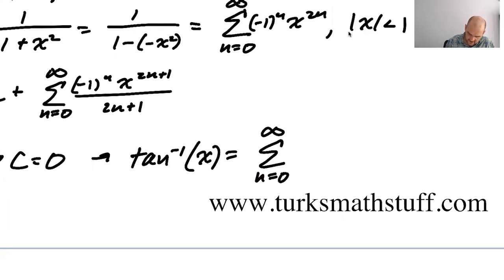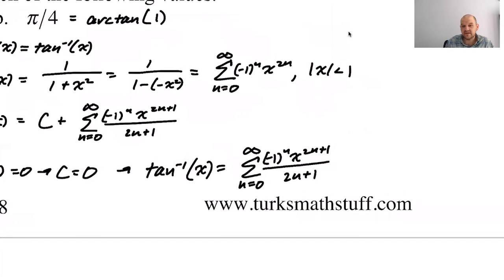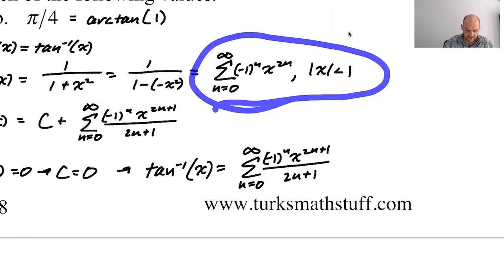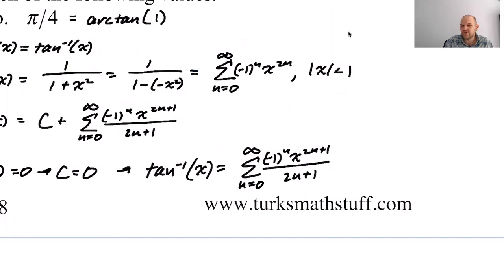So where does this converge? I don't actually need to know everywhere it converges. I just need to know if it converges when I plug in 1. And if I plug in 1, oh, that's actually interesting, because 1 is not in the interval of convergence for the derivative. But if I plug in 1, I get negative 1 to the n over 2n plus 1, which is definitely a convergent alternating series.